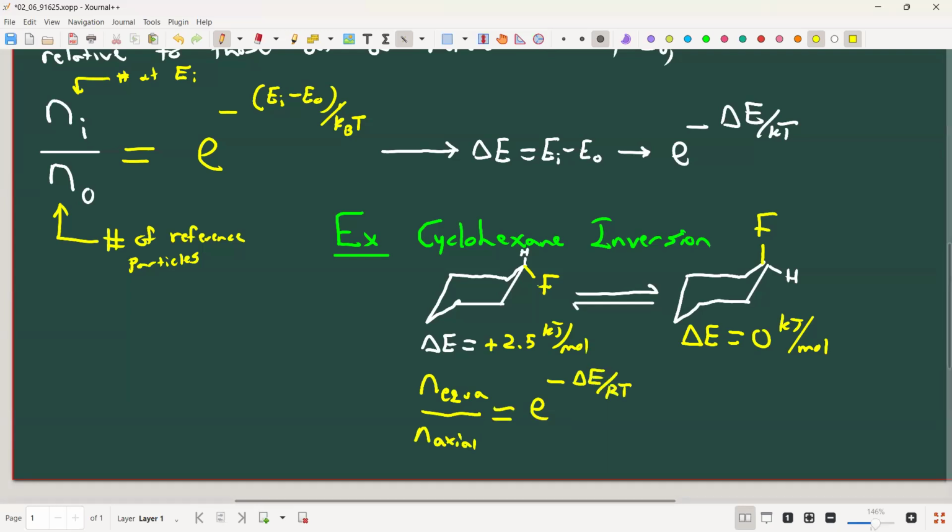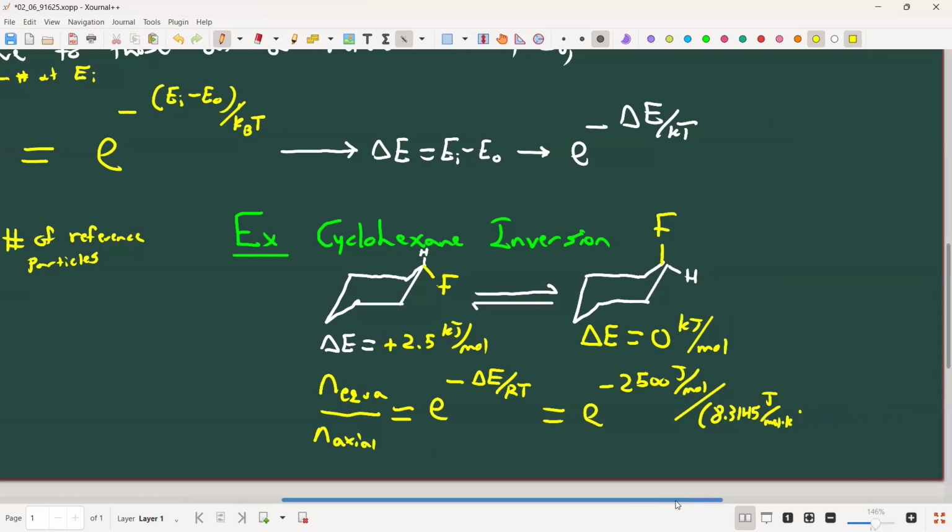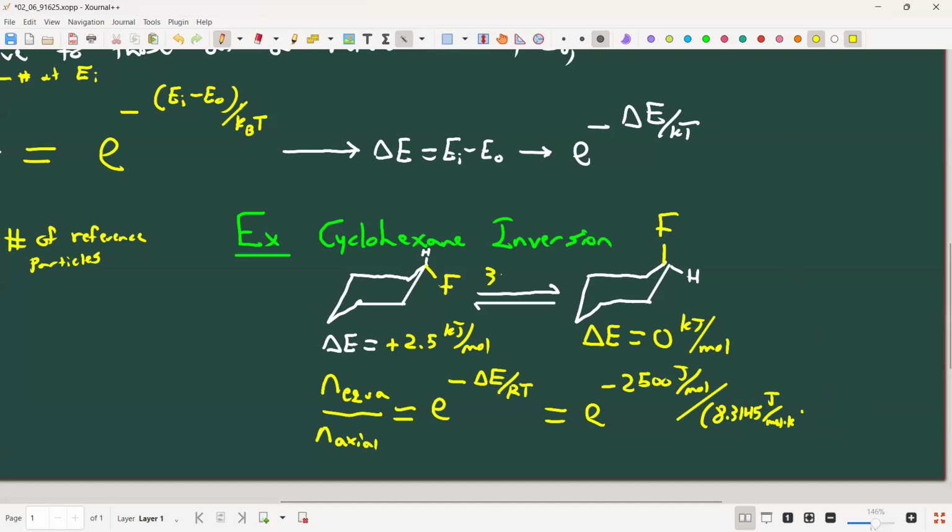And here I'm just going to use RT because we're doing things in moles. So that's going to be e to the minus 2,500 joules per mole, because it's 2.5 kilojoules, divided by 8.3145, that's the gas constant, joules per mole per Kelvin, and our temperature, we'll just say, is 300 Kelvin.